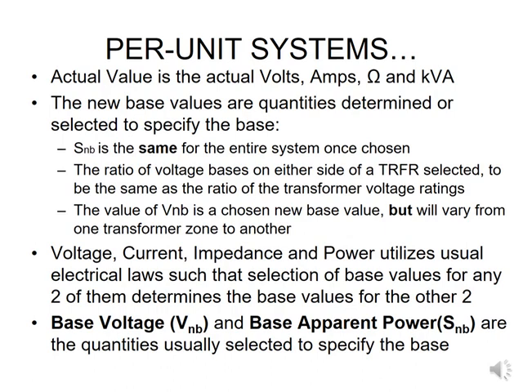Then those actual values, where are they referenced? Those actual values will be your equipment rating for your voltage, your amps, your ohms, and your kVA, which is your apparent power. So if you have a transformer, you know that the transformer will be 66 to 11 kV and maybe a 10 MVA, and you can either calculate or be given the current that's flowing on either side of that transformer.